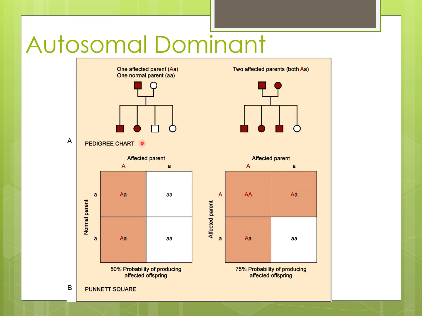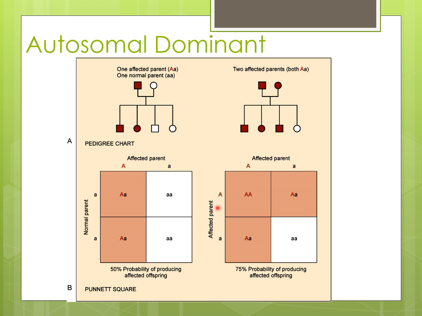Now, if we mated 2 affected parents, both heterozygous, each with the dominant and recessive allele, we play this out in the Punnett square. We can see that one individual is homozygous for the dominant trait, therefore he is affected.